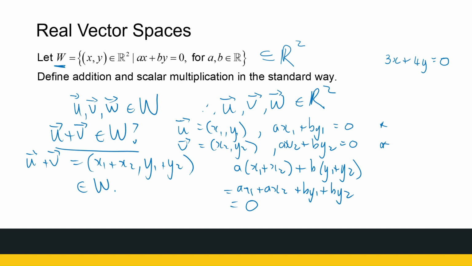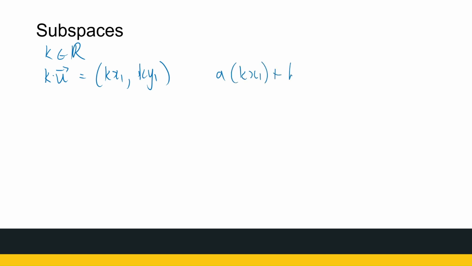So let's look at scalar multiplication. If k is a real number, what would k times u look like? (kx1, ky1). So what we want to look at is a(kx1) + b(ky1).